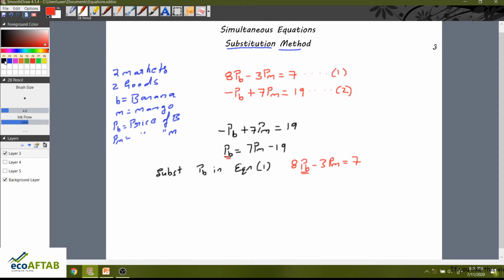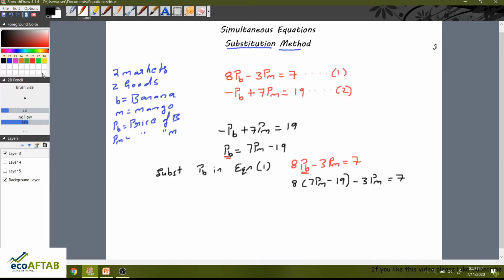So when we substitute it, it becomes 8 multiplied by (7PM minus 19), close the bracket, minus 3PM is equal to 7.